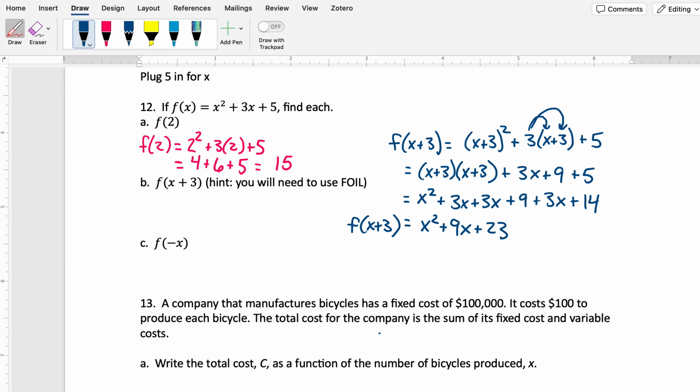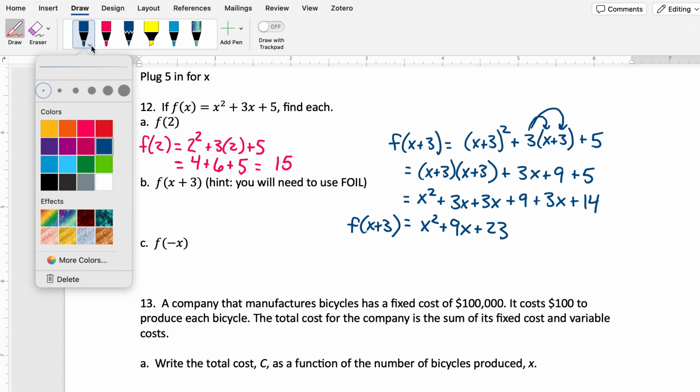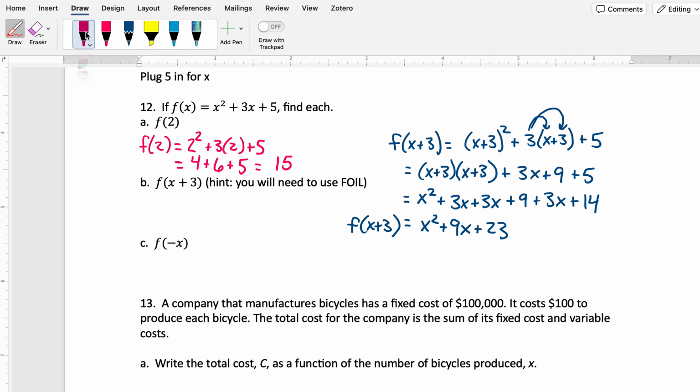Looking at part C, this one is f of negative x. That means I'm going to replace each x in my function with a negative x. So what's going to happen when I do that is I'm going to have negative x squared plus 3 times negative x plus 5.